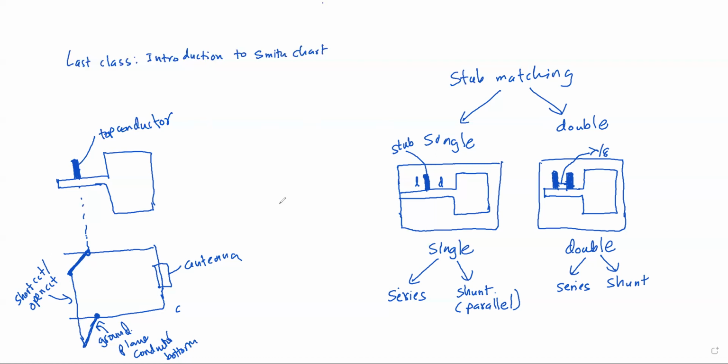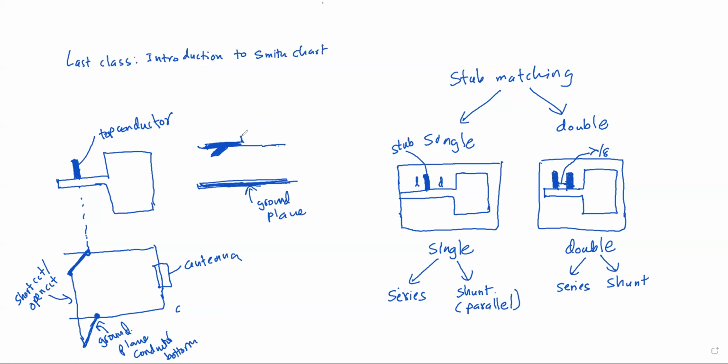I'm not that good at art, so I can draw this in different ways in order to clarify this idea. This is the top view, and if I draw this in the side view, the top conductor will be like this and the ground plane will be like this. The antenna is somewhere here. If you are adding the stub somewhere along the top conductor, its corresponding ground plane will always be the same ground plane.